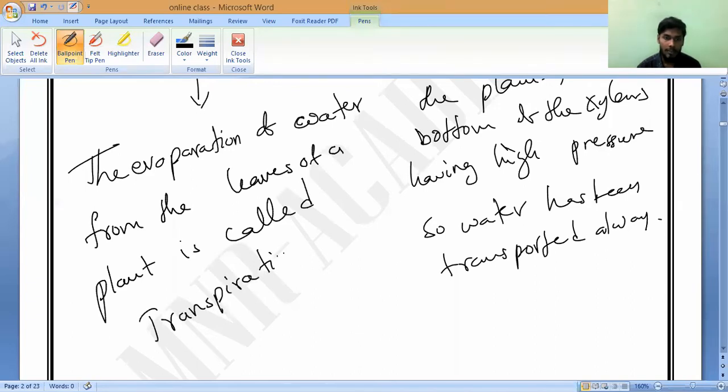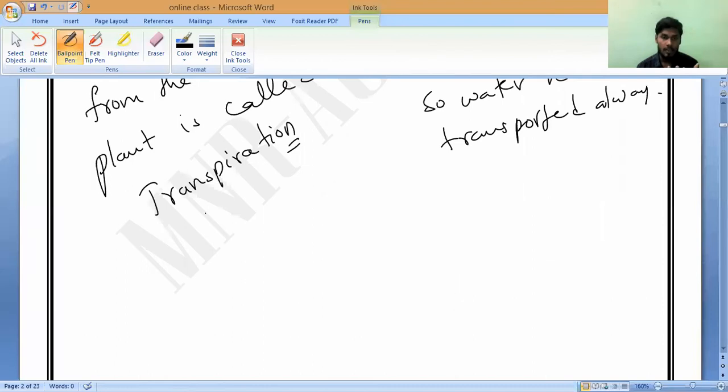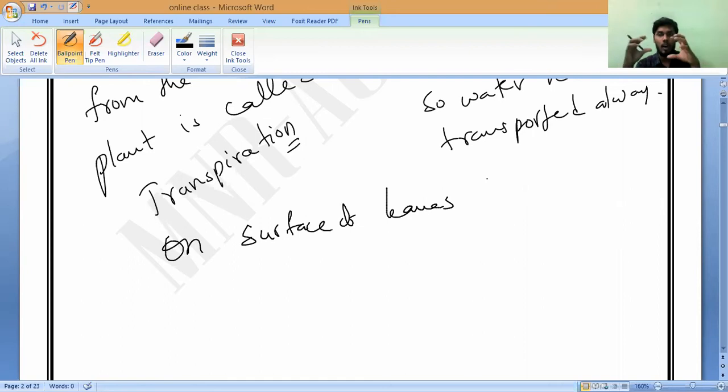So this transpiration will occur where? At the leaves. At the surface of leaves we have openings, pores called what? Stomata. Between the two guard cells we have small pores, which we call stomata.